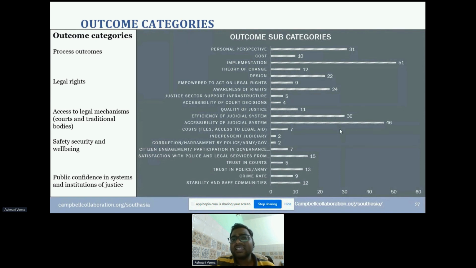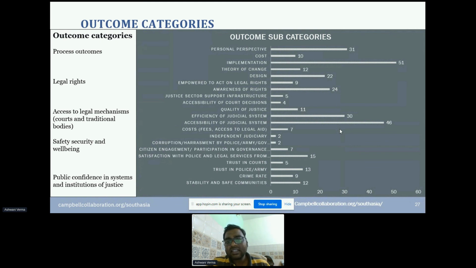Then there are some personal perspectives, where people were interviewed, such as court officials, police professionals, practitioners, or researchers, mainly related to the justice sector population.